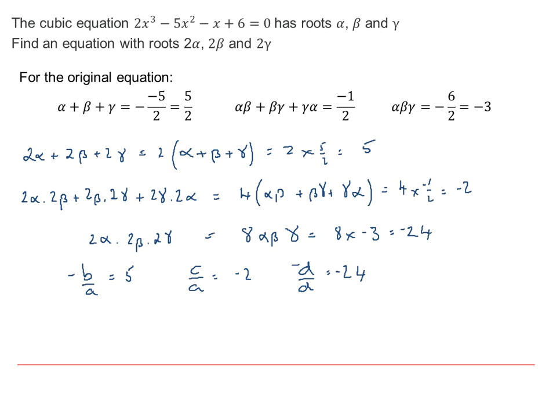So we can let a equal 1 so that the coefficient of x cubed is 1. Then our equation becomes x cubed minus 5x squared, so b is negative 5. C is negative 2, so that is minus 2x, and d is 24, so plus 24 is equal to 0.